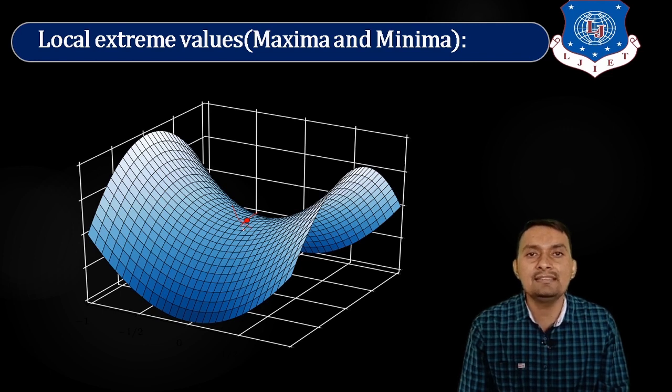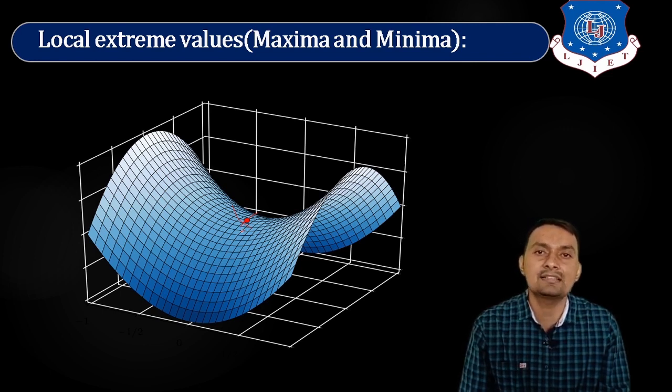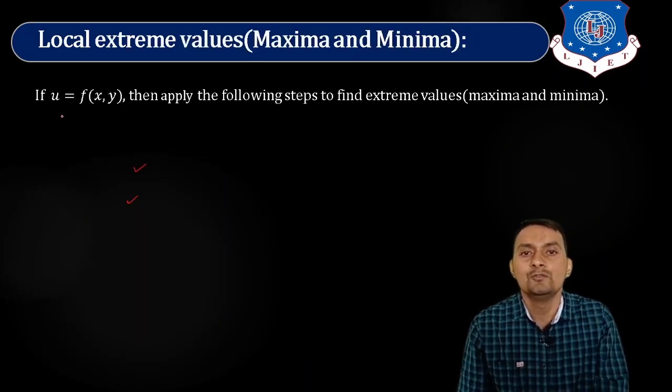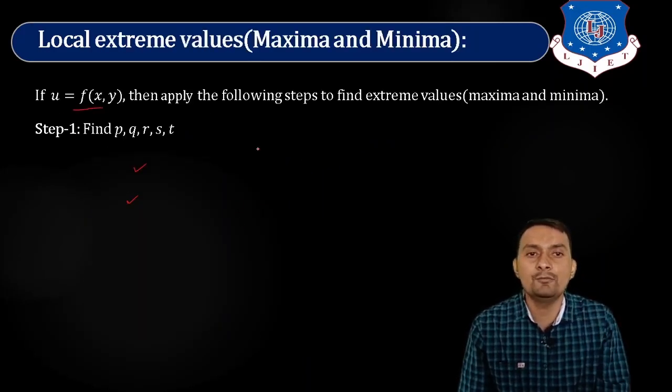But the question arises, how can we determine this kind of point, and what procedure do we have to follow? Here we first assume that u is equal to f of x, y, and we need to find the extreme values, that means maximum and minimum.